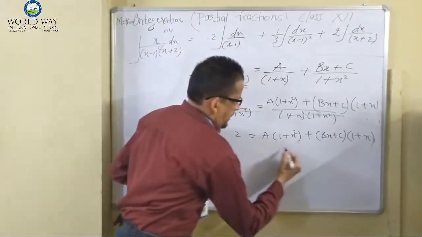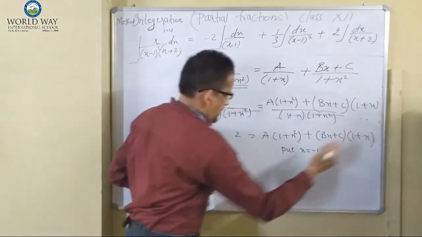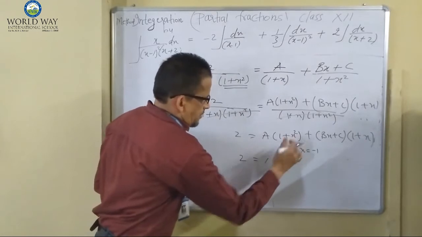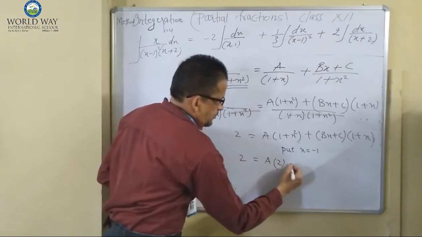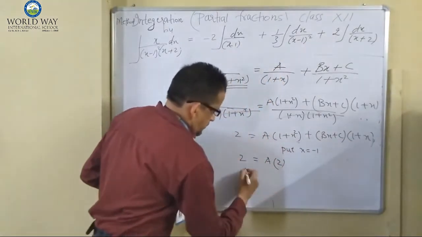Okay, putting x is equal to -1. इसको 0 बनाना है ना, तो x is equal to -1. So 2 as it is. When you put x is equal to -1 here, तो -1 का square 1, 1 plus 1 is 2. When you put x is equal to -1, the whole term becomes 0. So a की value is 1.